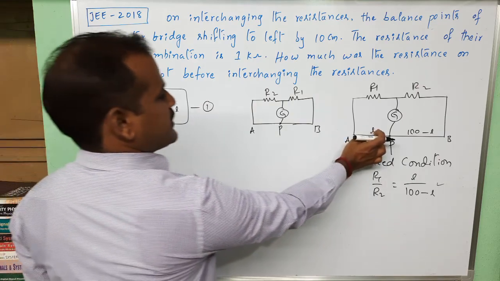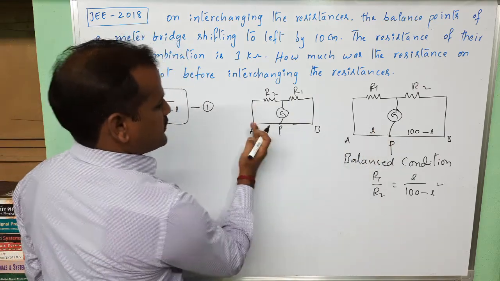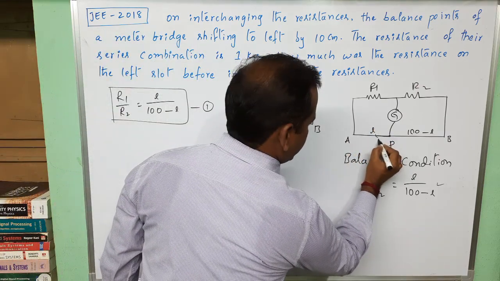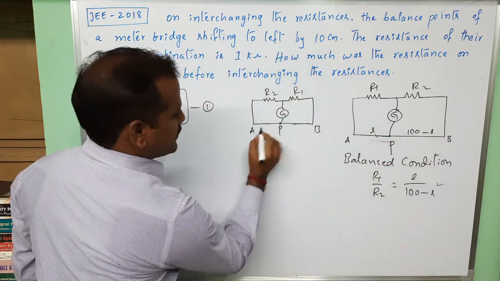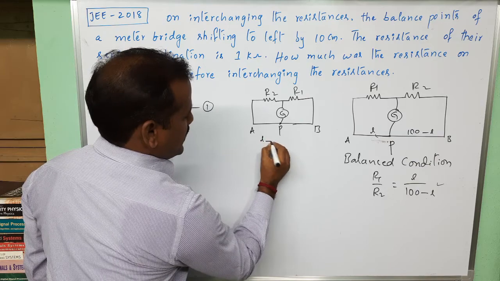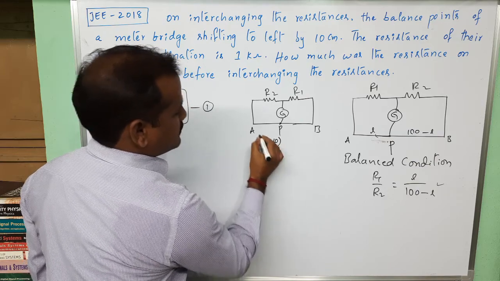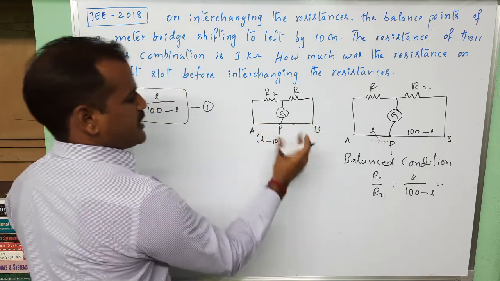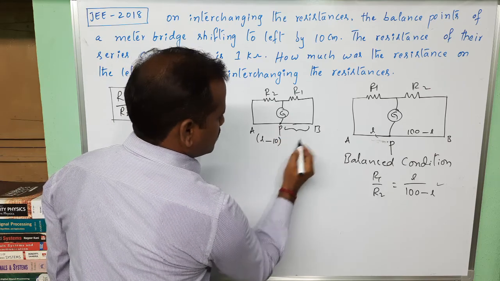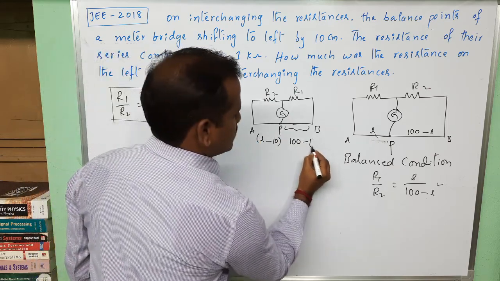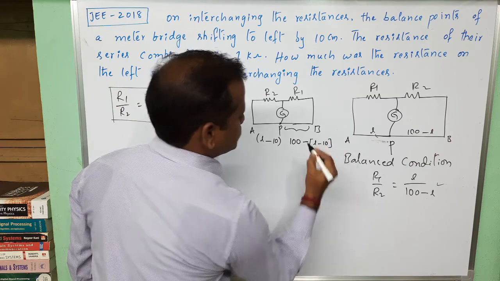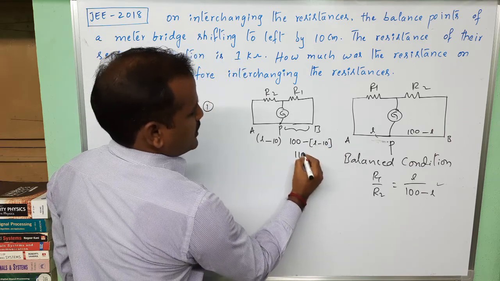Initially it is L, and here it is shifting to the left side by 10 centimeters, he said. So this is L minus 10 centimeters. Then obviously this one should be 100 centimeters minus this length, that is L minus 10. So this is 110 minus L.